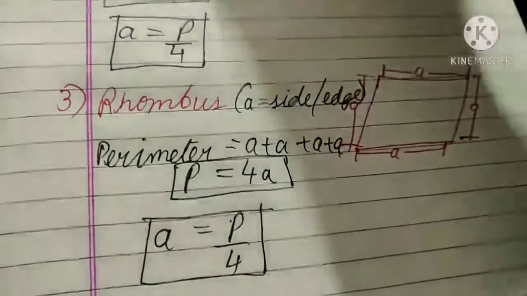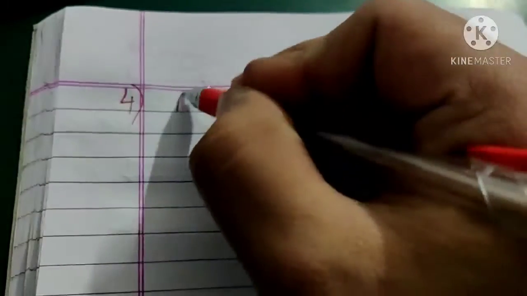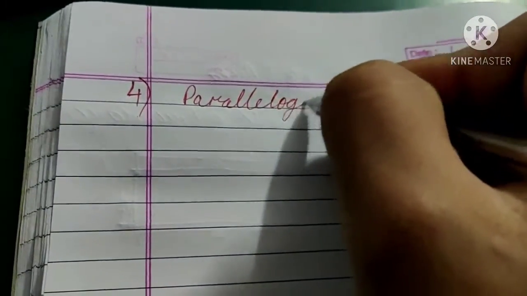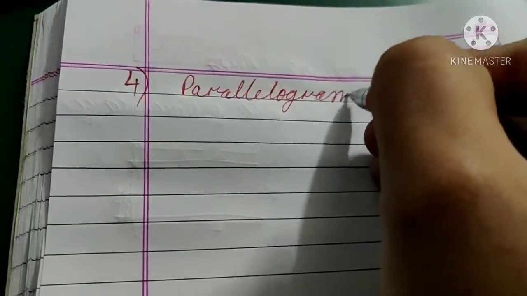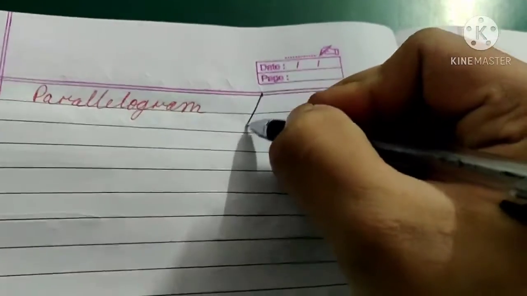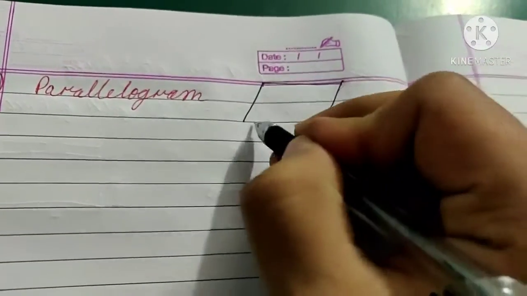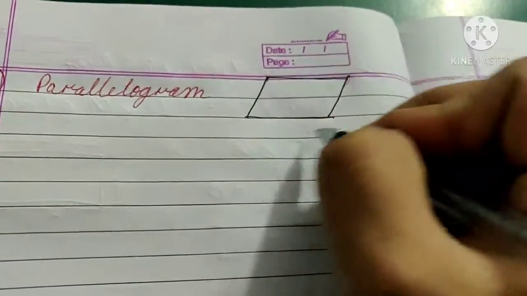Our next figure is the parallelogram. A parallelogram is a type of tilted rectangle. Its opposite sides are equal, like that of a rectangle.